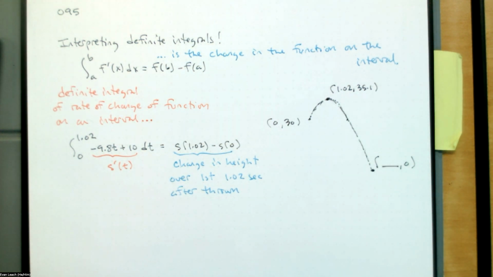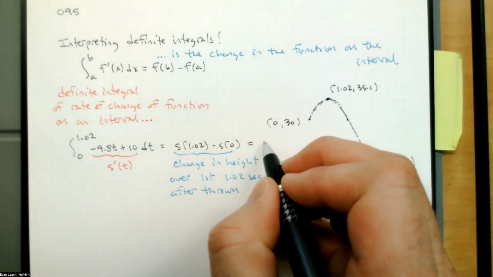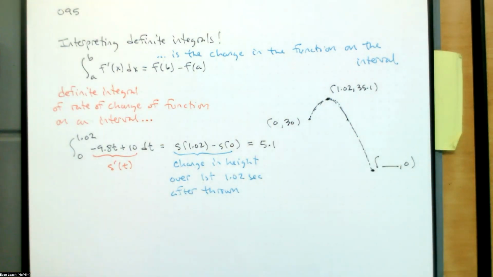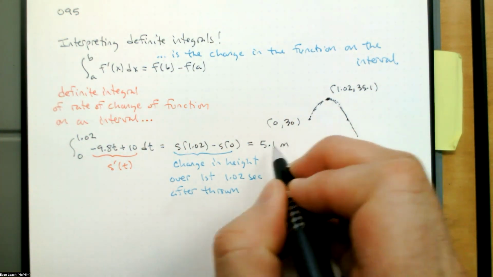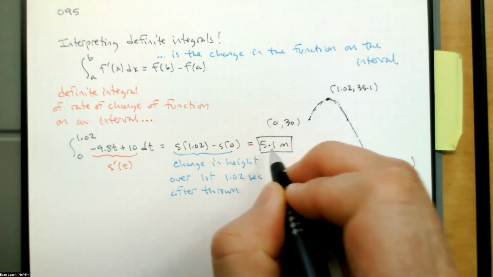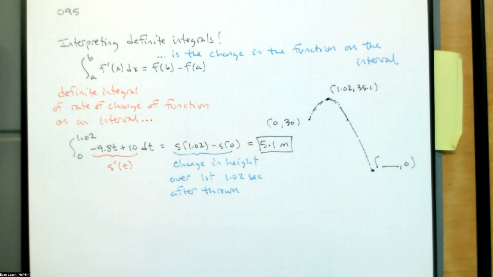Since we already know so much about this function, we know that it started off at a height of 30, and after 1.02 seconds, it reached its maximum height of 35.1. So note that this is not the height at 1.02 seconds. This is the change in height from 0 to 1.02 seconds.